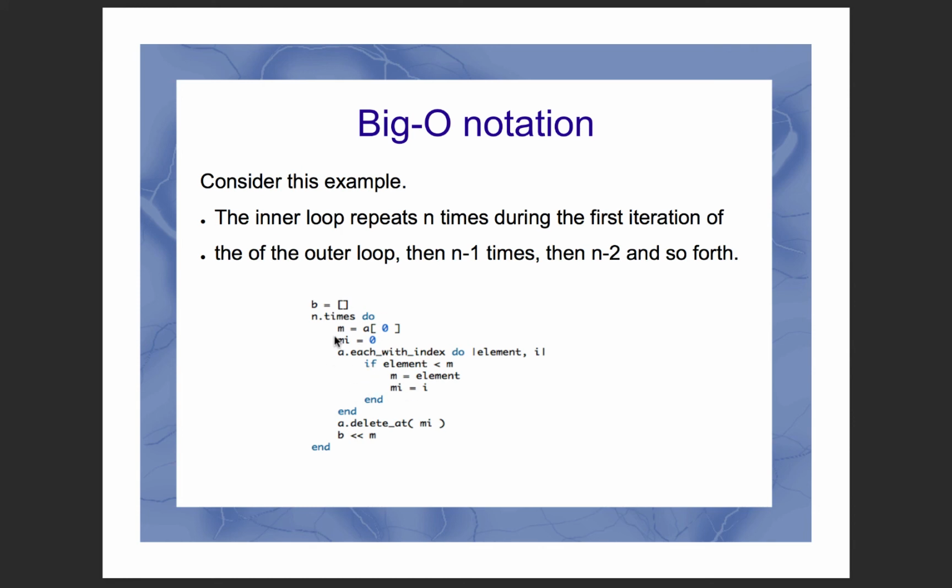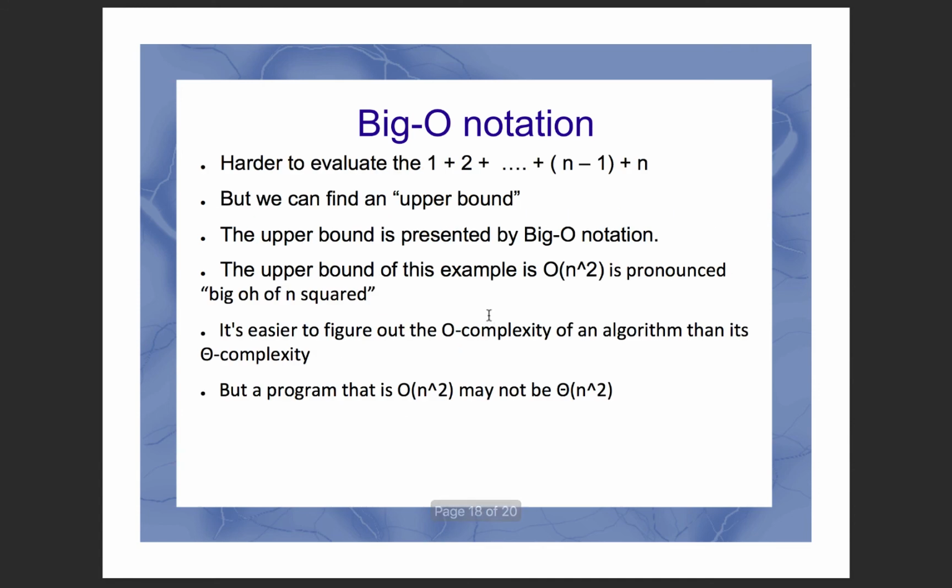But you can say that this program will never run more than n square time. And in that case you should represent that n square using big O notation. So big O n square.